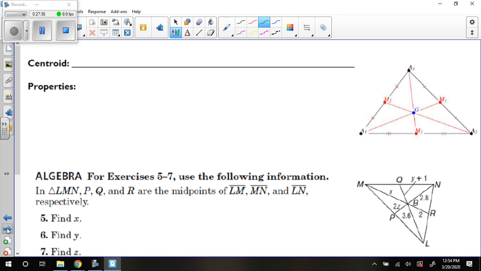Now we need to talk about the centroid before we can do these next couple problems. We're going to talk more about the centroid tomorrow, but for now, the centroid is the intersection of 3 medians.